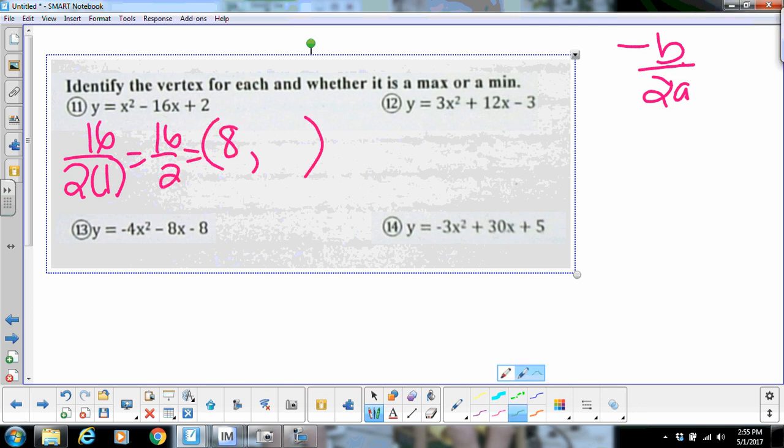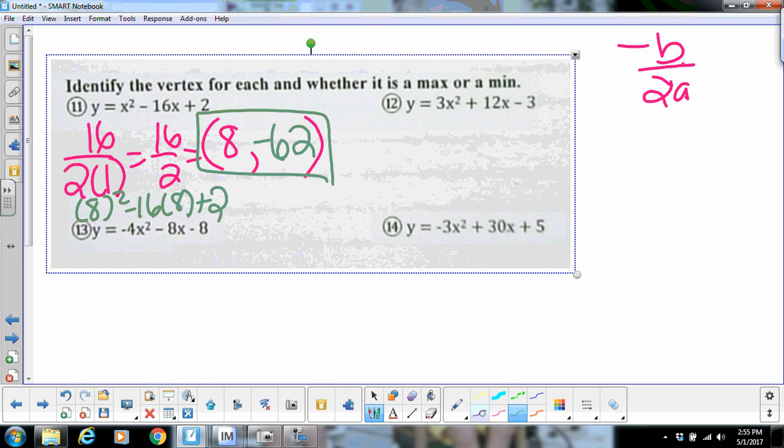And you're going to plug that value in to figure out your y value. You know that 8 squared is 64. 16 times 8 is going to be 128, so that's going to give you a negative 64. Plus 2 is going to be a negative 62.